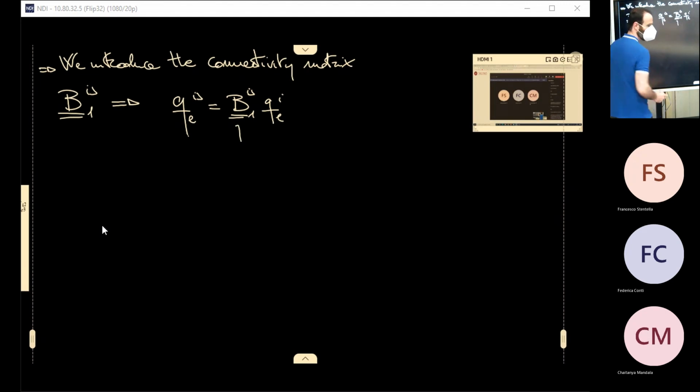So meaning that this, what is it? It's a Boolean transformation made of 1 and zeros.